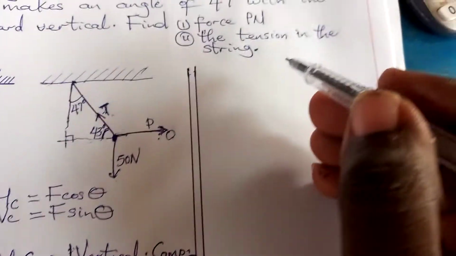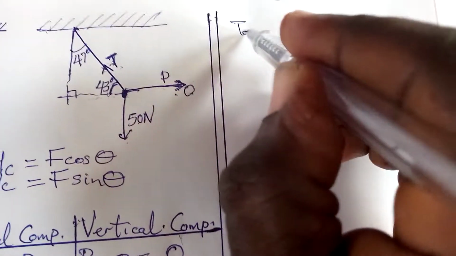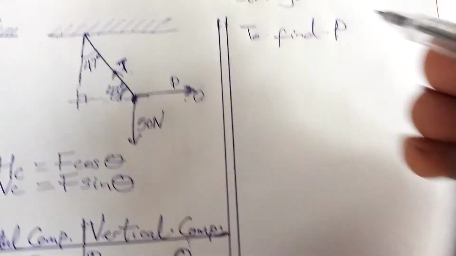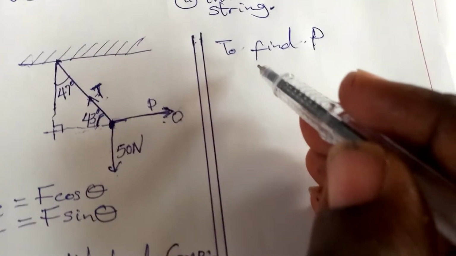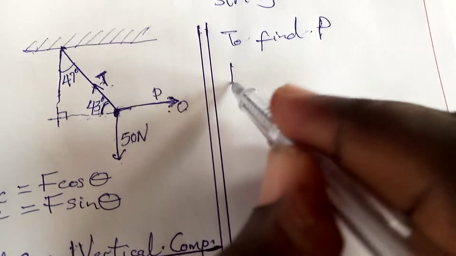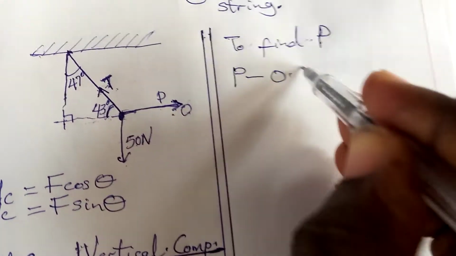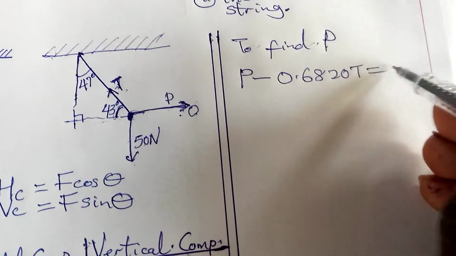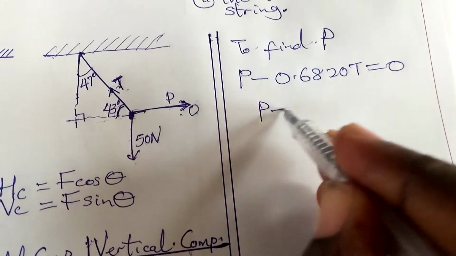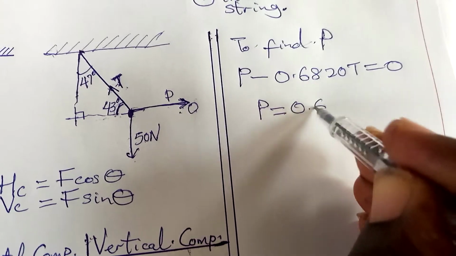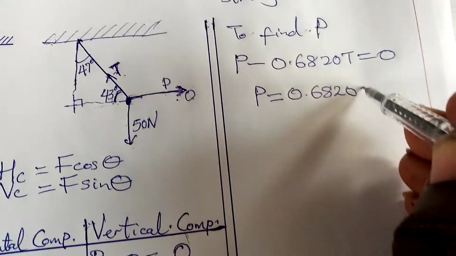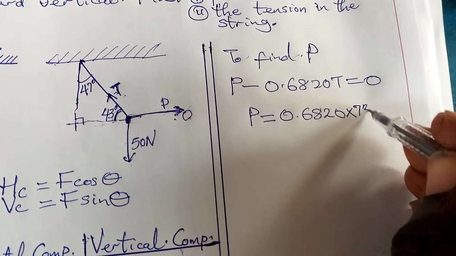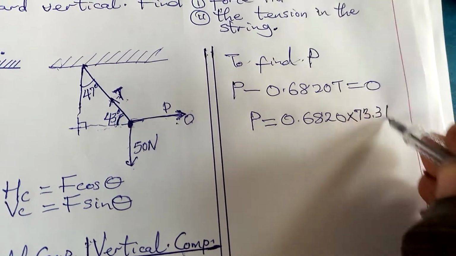To find P, we can make use of equation 1 or equation 2. In equation 1, we have P minus 0.6820T equals 0. Then I can say P equals 0.6820 multiplied by the value of T, which is 73.31.